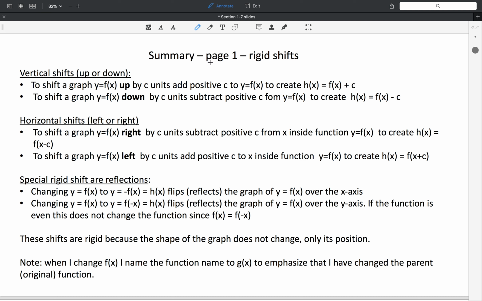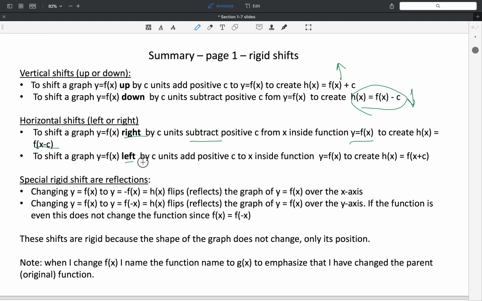To shift a graph up by c units, you add positive c. To shift it down by c units, you subtract c. So that's down, this is up. Now to shift a graph right, you subtract, and you change f of x to f of x minus c.